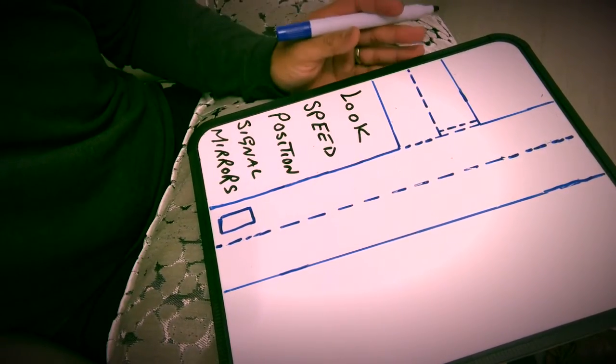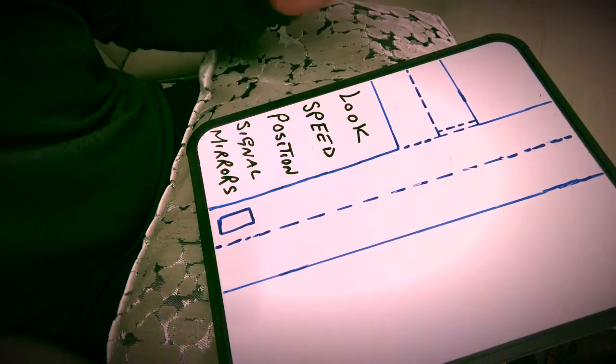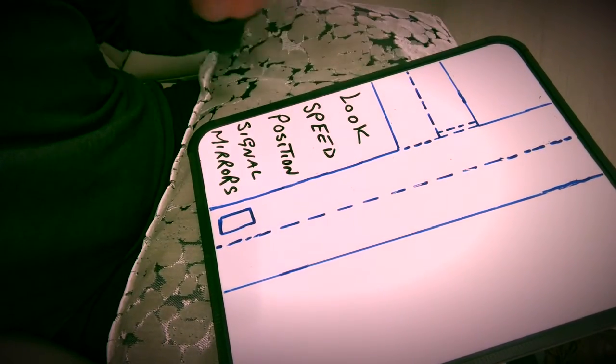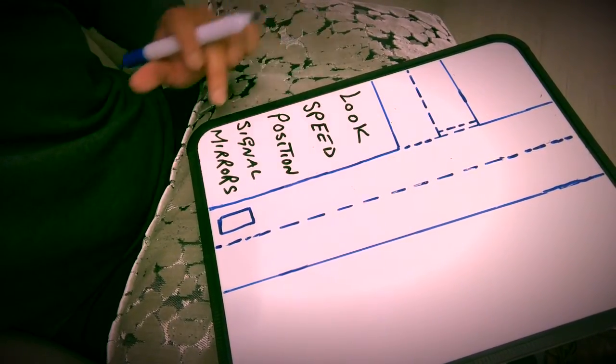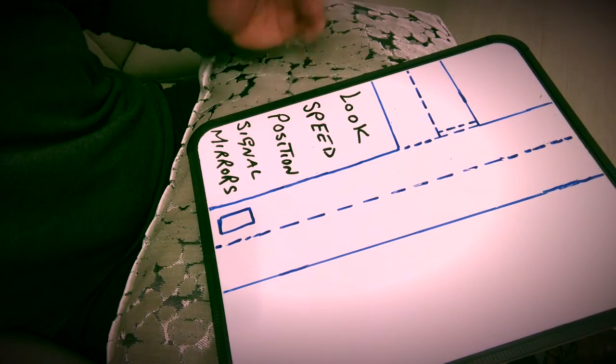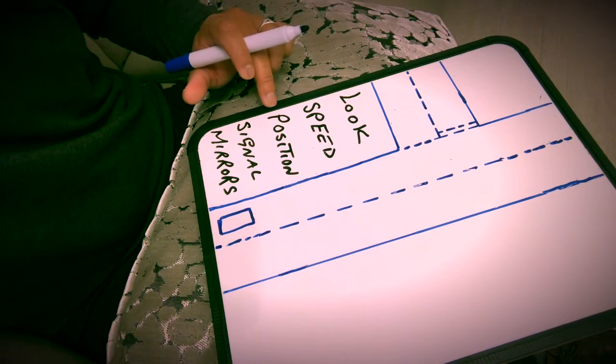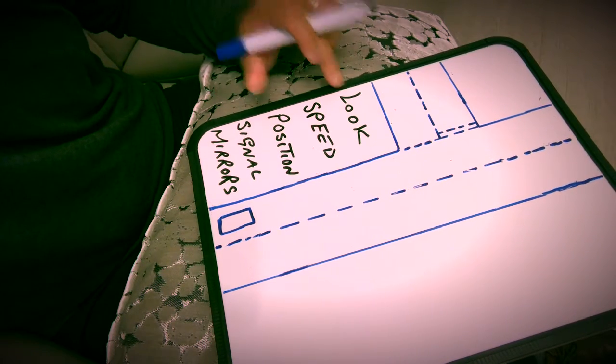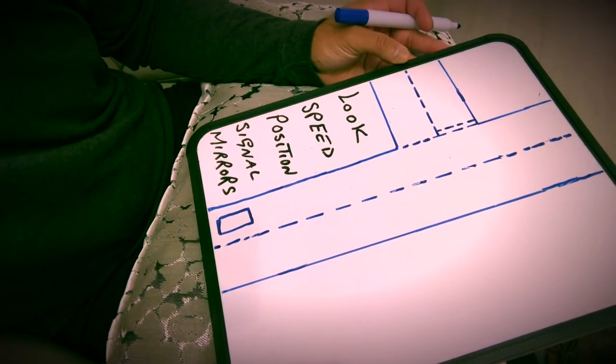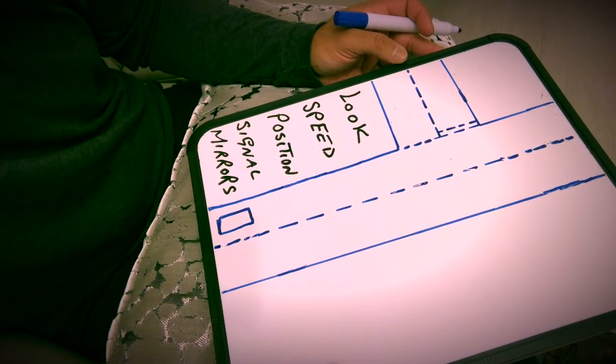Whichever junction you are dealing with, whether it's this junction or a roundabout, you must memorize those 5 things. What are they? Mirrors, signal, position, speed, and look. That's the 5 things you need to memorize.